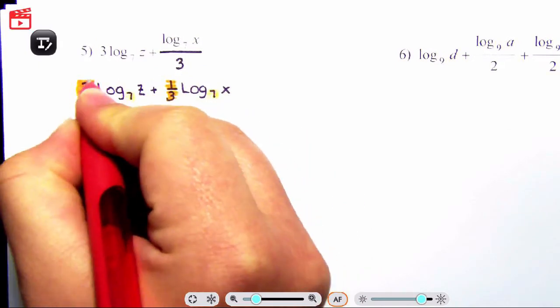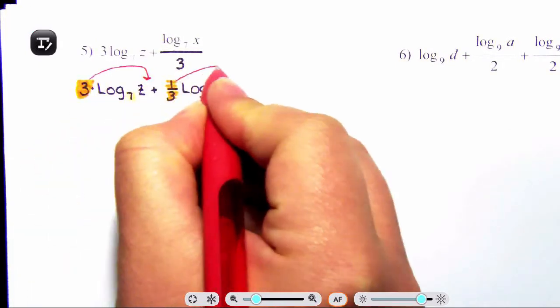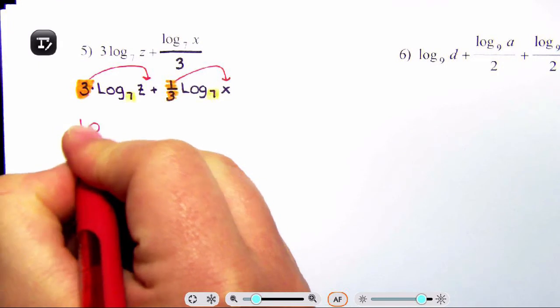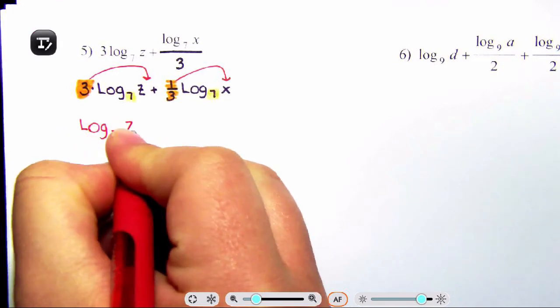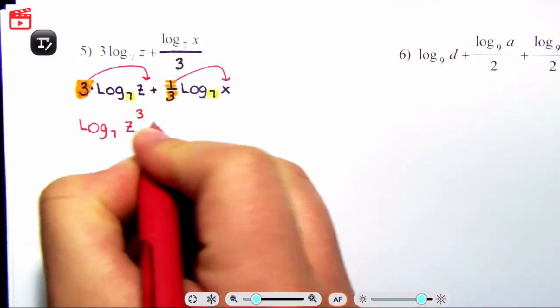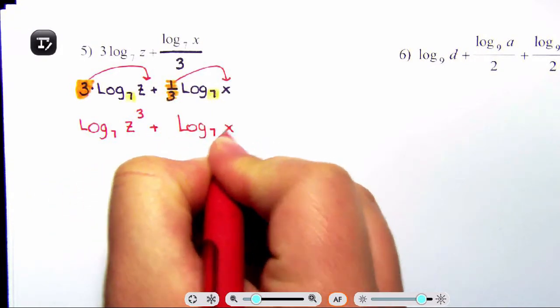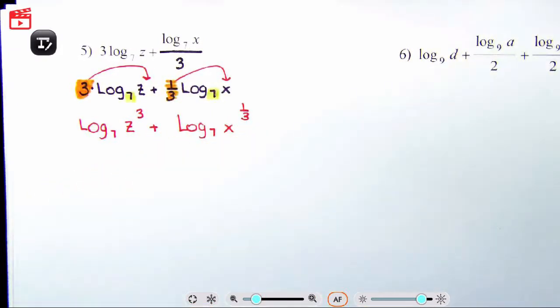Any number in front of a log being multiplied means it was originally an exponent. So I have log base 7 of z cubed, plus log base 7 of x to the 1/3 power.